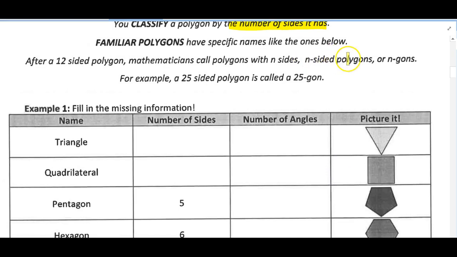So an n-sided polygon would be an n-gon. Okay, so if it has 25 sides, we would call it a 25-gon. Now there is a naming structure for polygons. It does get quite difficult, and really we only need to know the names of a handful of ones.